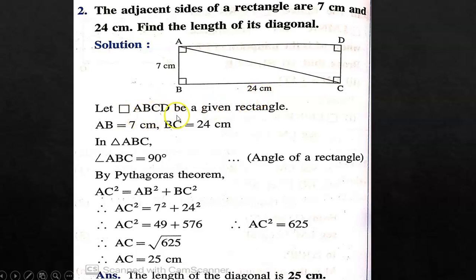So we have, let quadrilateral ABCD be a given rectangle. AB is 7 centimeters, BC is 24 centimeters. So in this particular triangle ABC, angle ABC is 90 degrees. This is an angle of a rectangle. So we are going to use Pythagoras' theorem in this particular triangle.